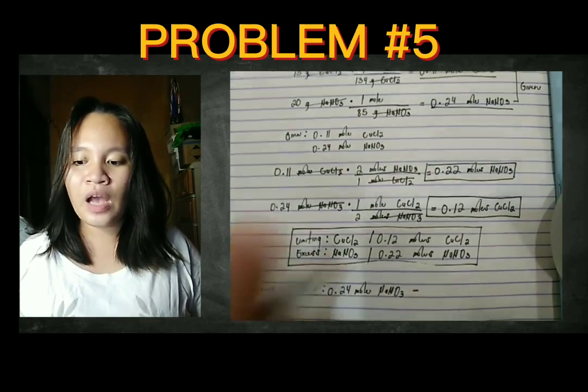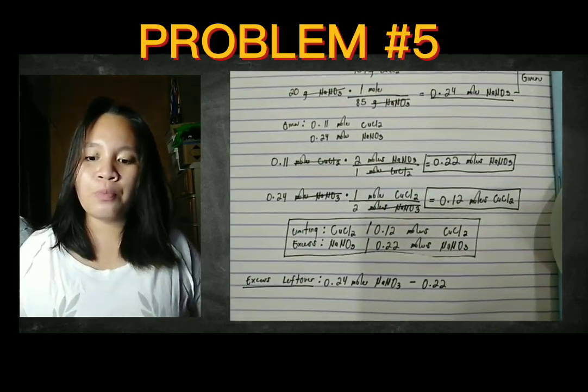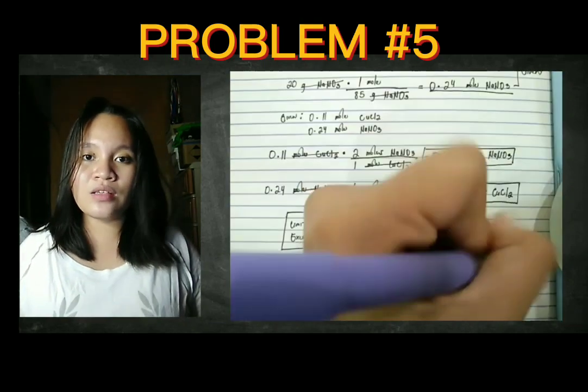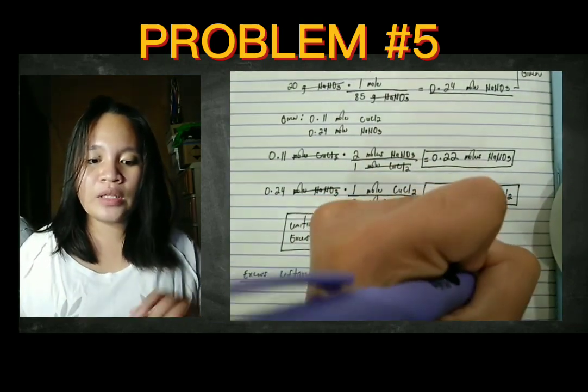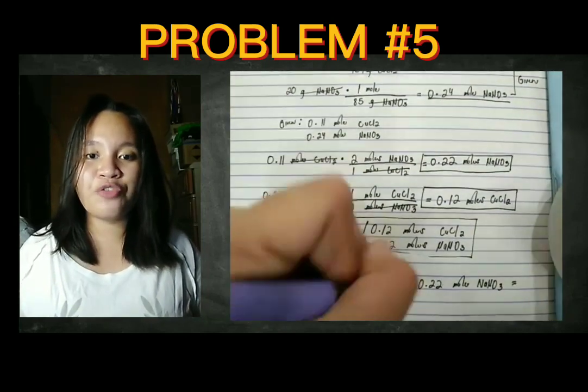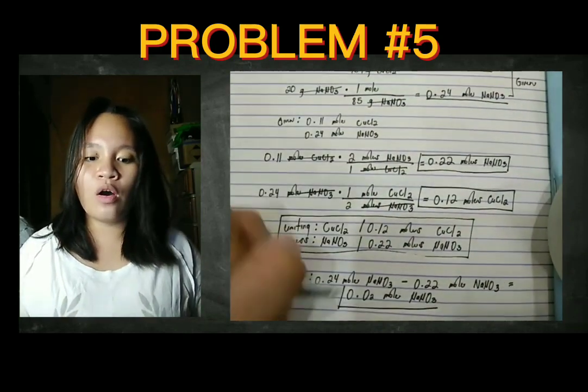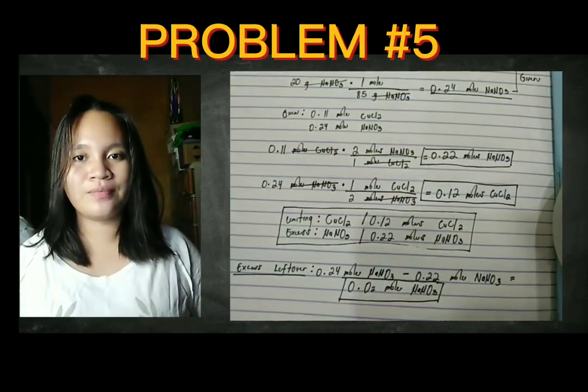So 0.24 minus 0.22 is equal to 0.02 mole. So the excess left over is 0.02 mole of sodium nitrate.